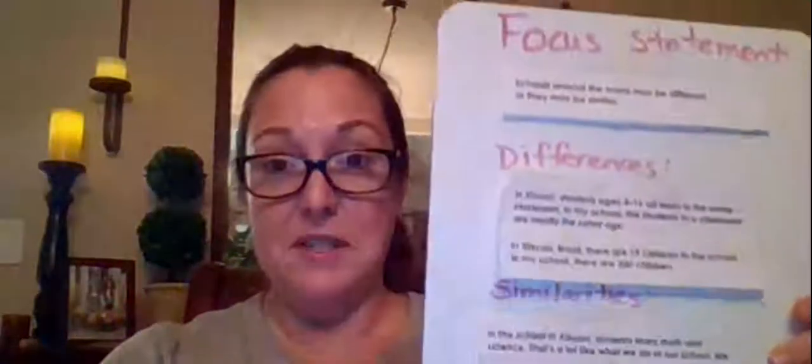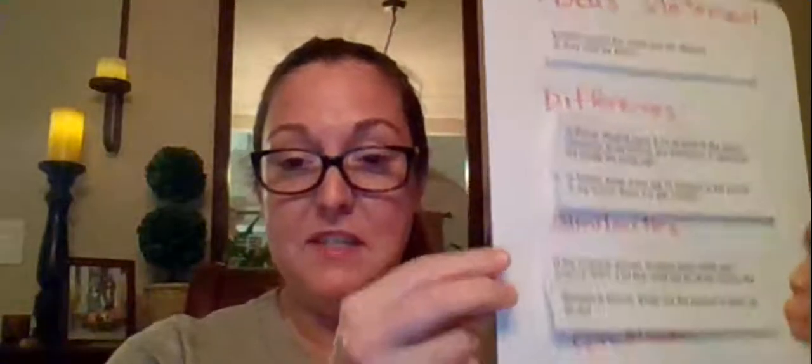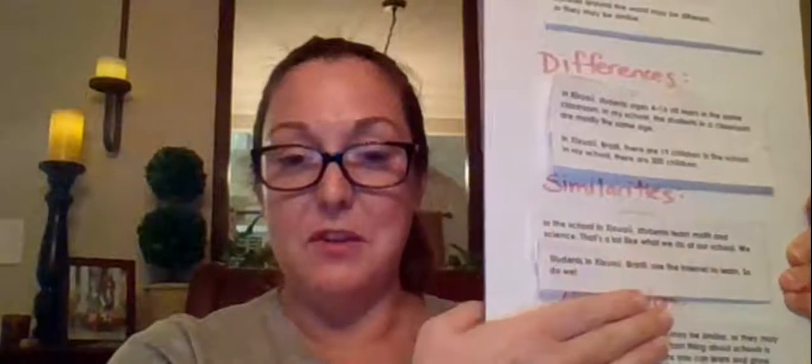We're not going to write the conclusion yet. That's a special part that I have a special way I'm going to teach you to do that. So you're going to write 5 things today, okay? You're going to do the focus statement, 2 differences and 2 similarities. Save the conclusion.